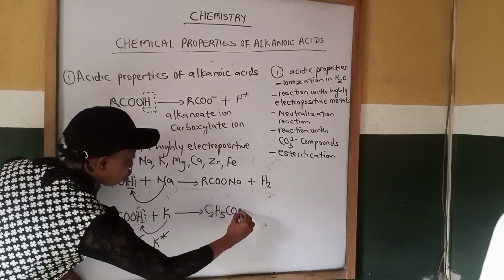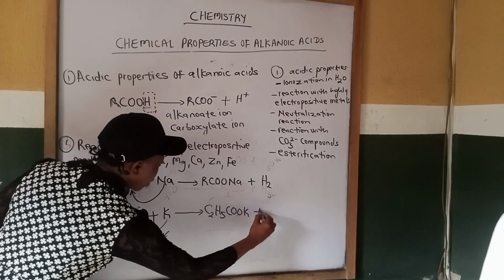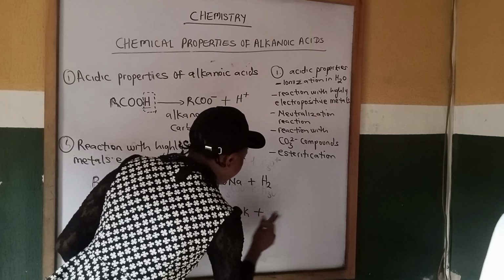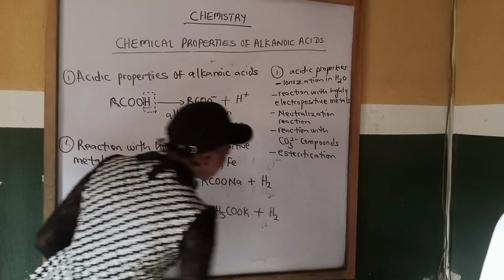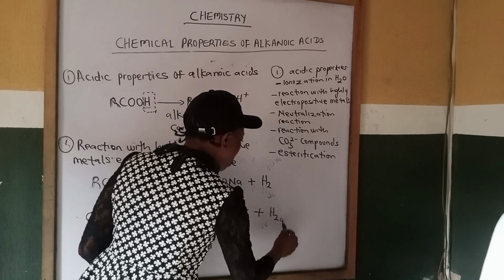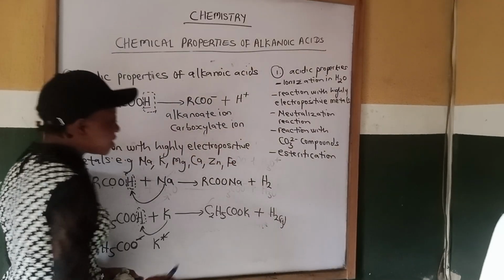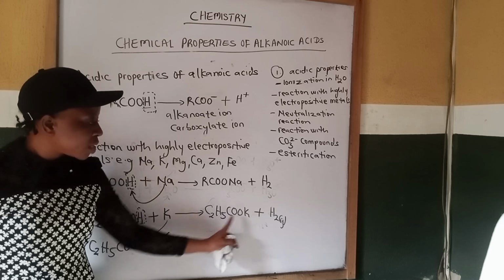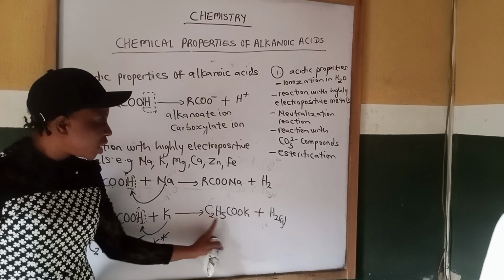C2H5COOK, then plus the hydrogen will be liberated in form of gas, so plus H2. H2 will be evolved in form of gas. So that is the product form. Let's name our product. K is potassium, and we have three carbon atoms.